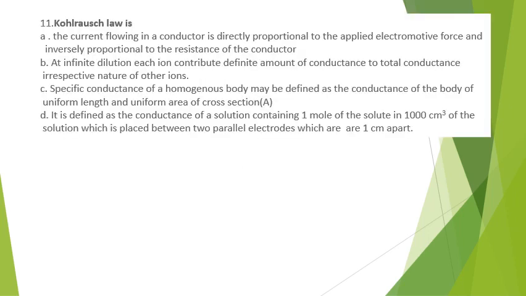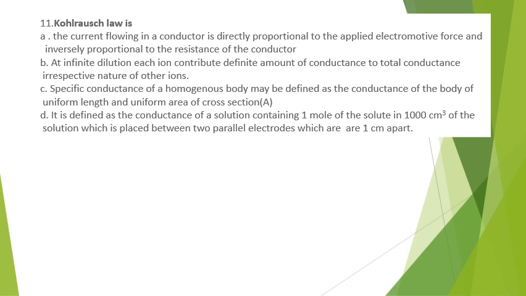MCQ number 11, Kohlrausch law is option A, the current flowing in conductor is directly proportional to the applied electromotive force and inversely proportional to the resistance of the conductor. Option B, at infinite dilution, each ion contributes definite amount of conductance to total conductance irrespective nature of other ions.